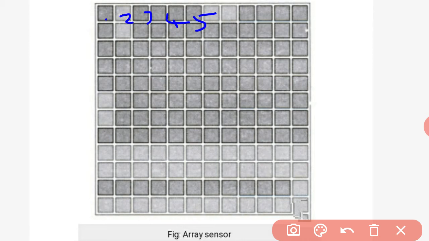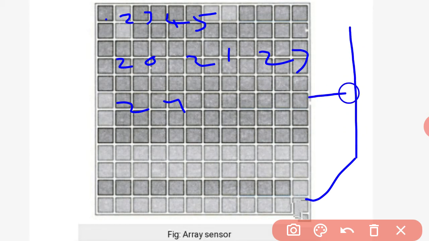This is the matrix form, so we can observe in this case sensor 20, sensor 21, sensor 23, sensor 24 and so on, continuing up to the last sensor here. The sensors are connected in an array format, in the form of a matrix. So it scans the image in the vertical axis as well as the horizontal axis. For this reason we prefer the array sensor.